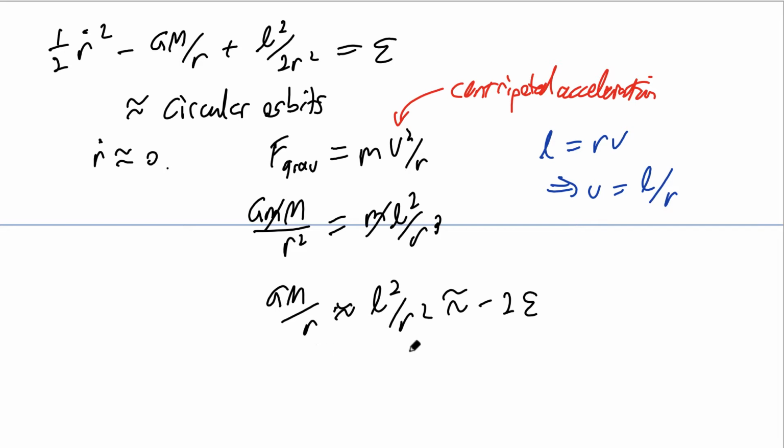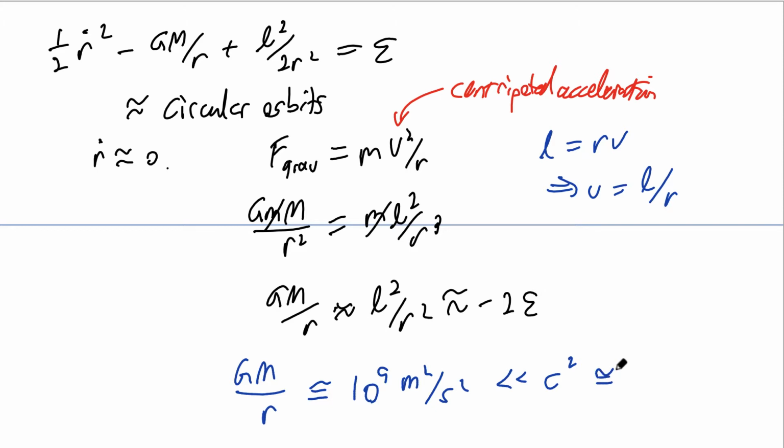So just how big are these quantities? Well, if we take Newton's constant times the mass of the Sun divided by the orbital radius of the Earth, we obtain about 10 to the 9th meters squared per second squared. The units of energy per unit mass are meters squared per second squared. So this seems like a pretty big number, but in the world of relativity, it's actually very small. Compare this to c squared, the speed of light squared, which is about 10 to the 17 meters squared per second squared.